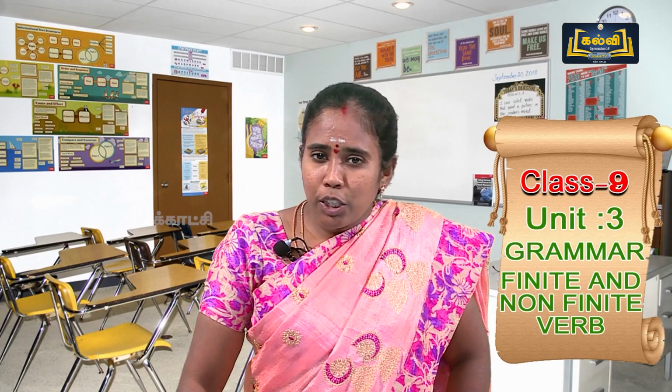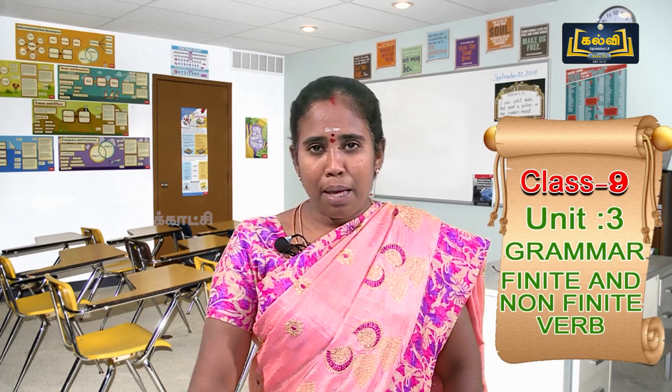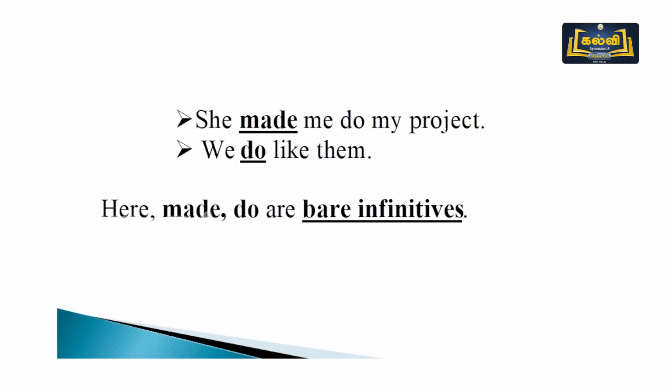It will be clear to you if I quote some examples here. Listen. She made me do my project. The first sentence is, she made me do my project. The second sentence, we do like them. Here, made, do are bare infinitives.